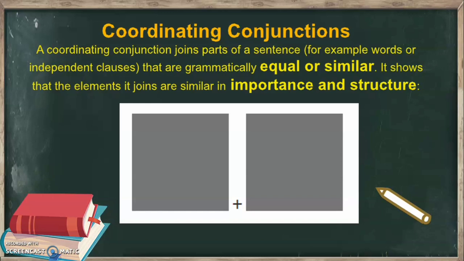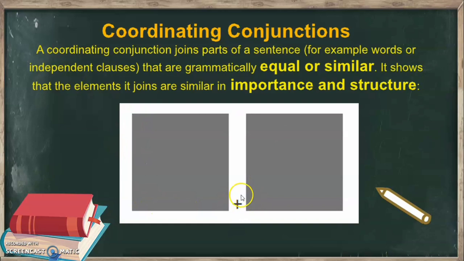So, coordinating conjunction again joins parts of a sentence that should be equal or similar. They are similar in importance and also similar in structure. Look at this picture here.